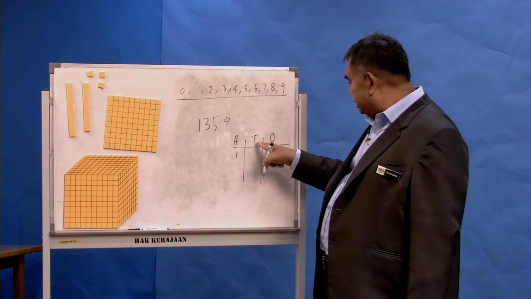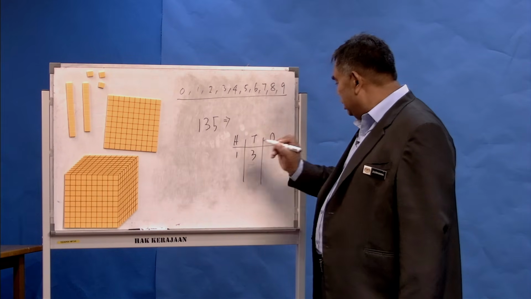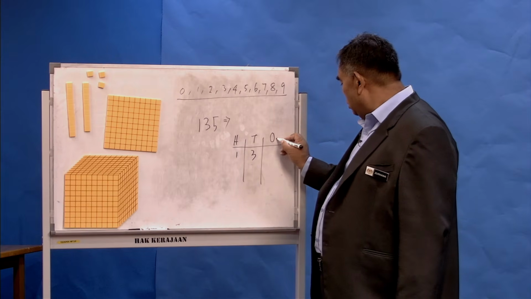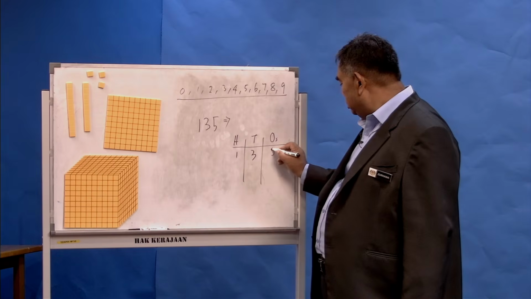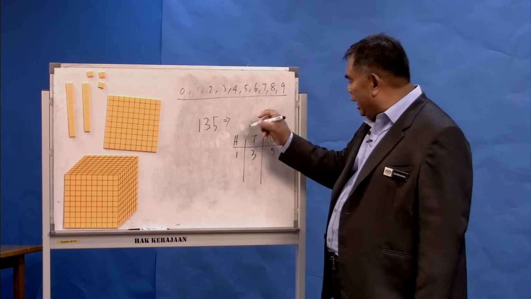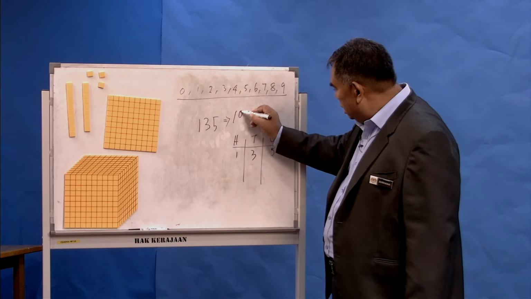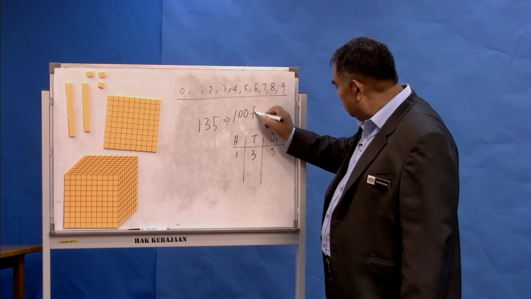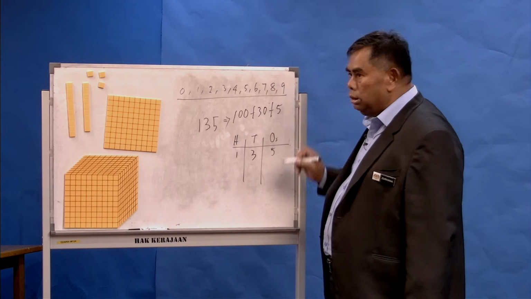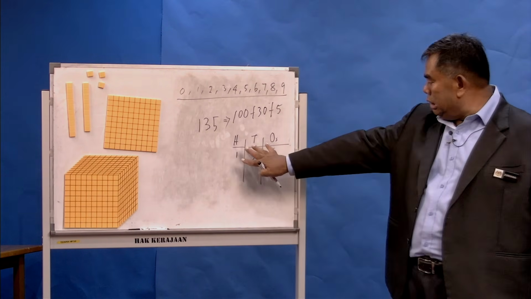How many tens here? 3 tens. How many ones here? 5. This can be decomposed or written like this: 100 plus 30 plus 5. So this is what we call the digit value.